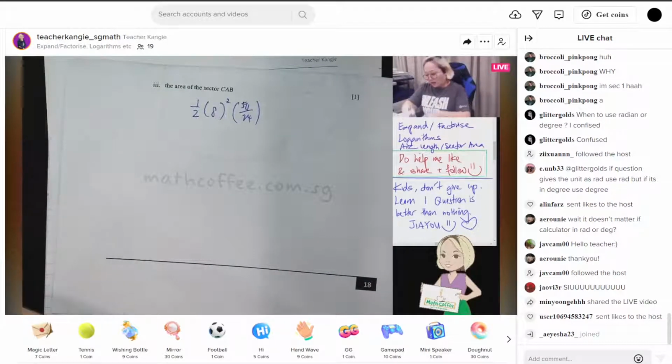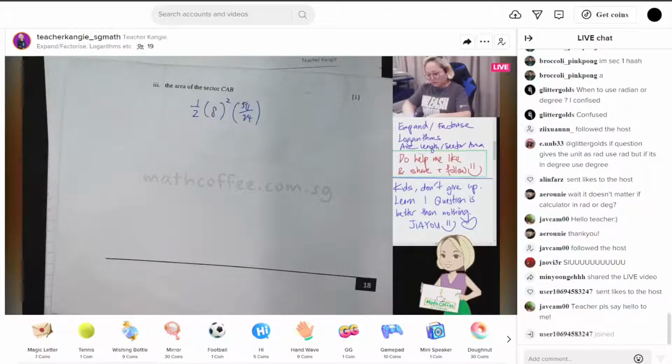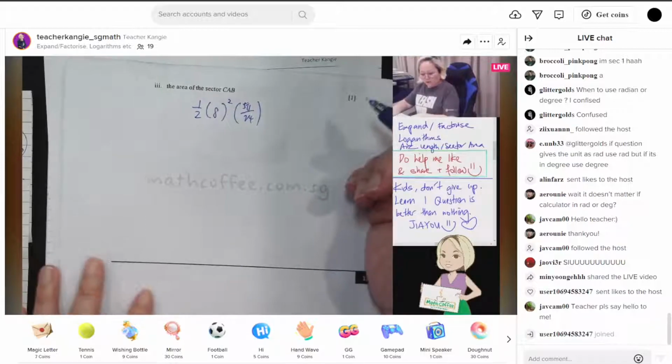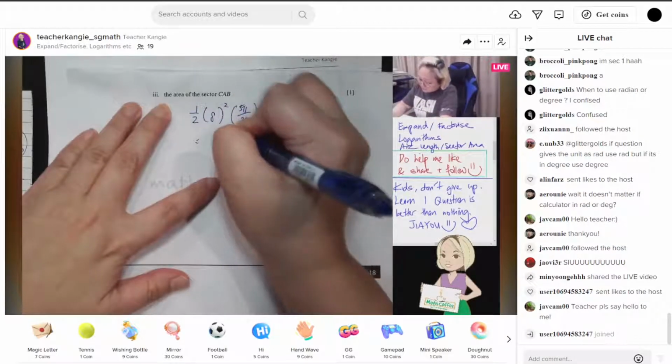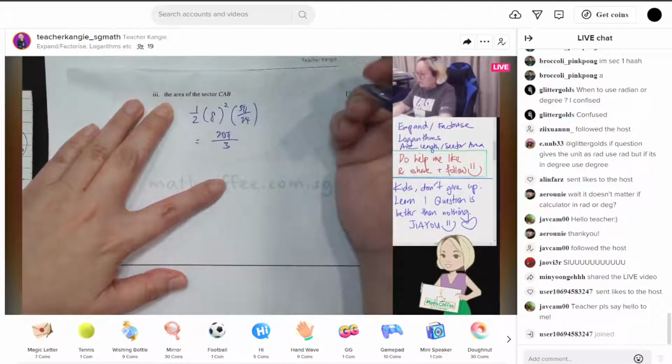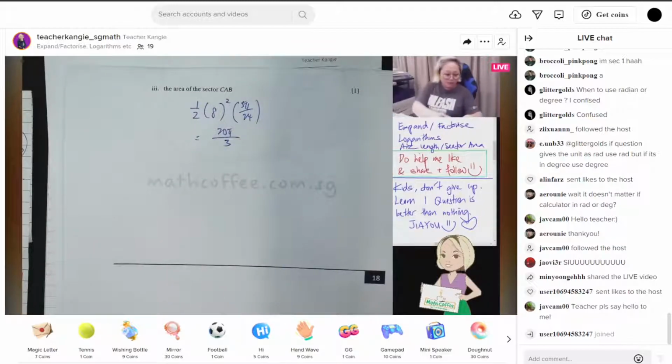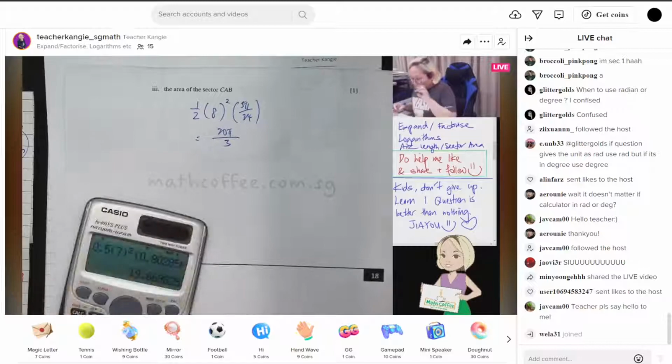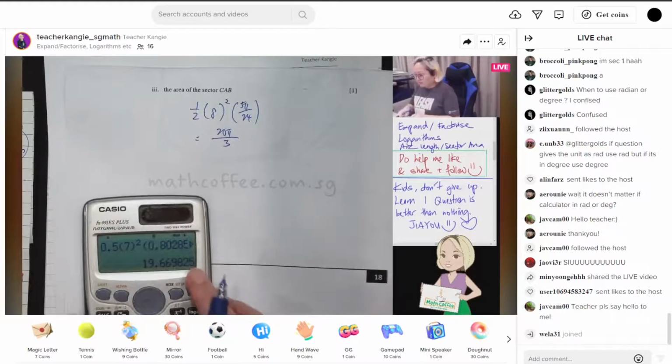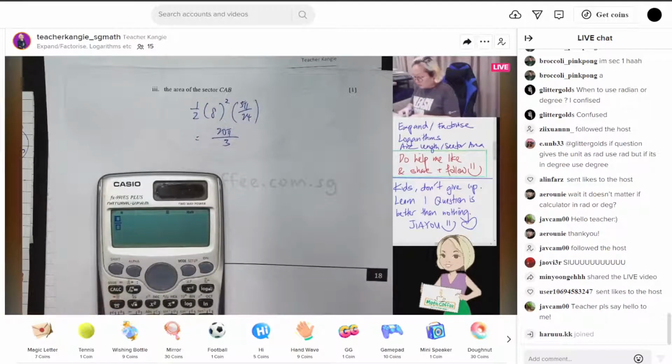Press the calculator, you will get 20 pi over 3, or you can put in decimal also, because my calculator will give pi. So 20 pi over 3.